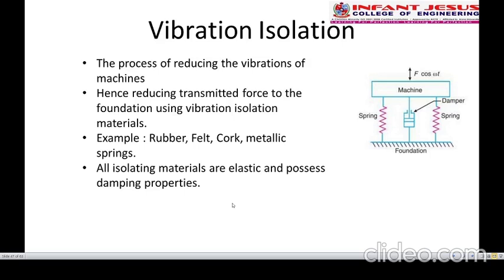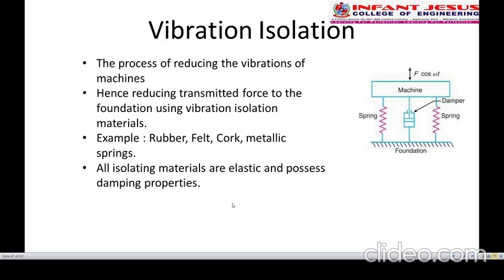In order to minimize the transmission of the forces from the machine to the foundation, the machines are usually mounted on springs or dampers or other vibration isolating materials like rubber, cork or any spring. That is called the vibration isolating materials.